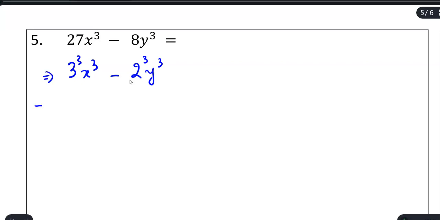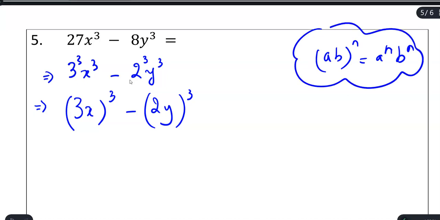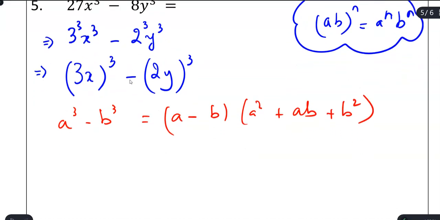I also write it as (3x), all of it to the exponent 3, minus (2y), all of it to the exponent 3. Again, I follow the exponent formula that I showed everyone earlier. Okay, so now the perfect cubes reveal themselves. So the formula for the cubes, as their difference, is like this. Okay, so let's substitute these into the formula. So I will have (3x subtract 2y) multiplied with a squared.